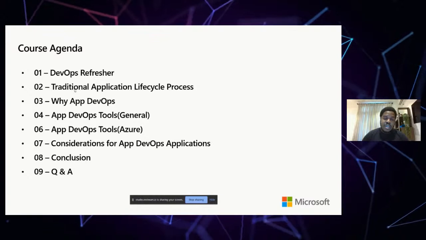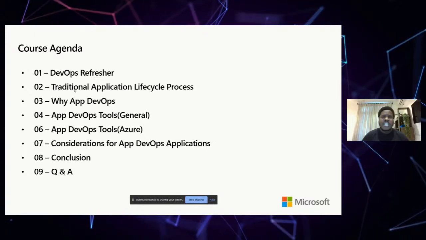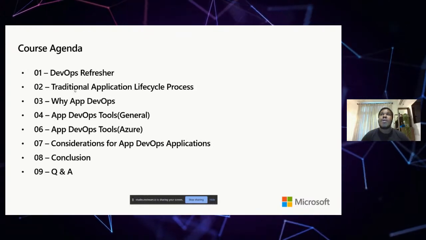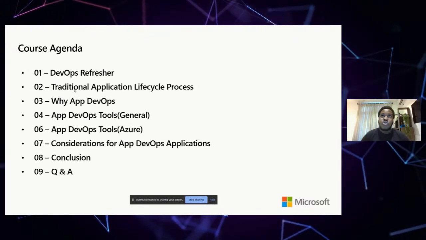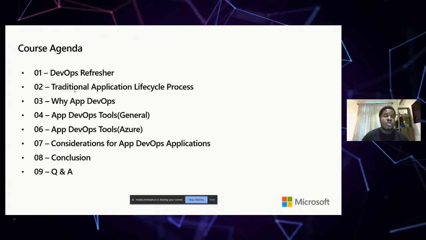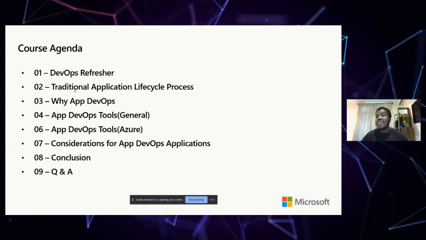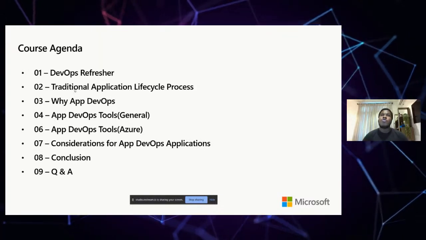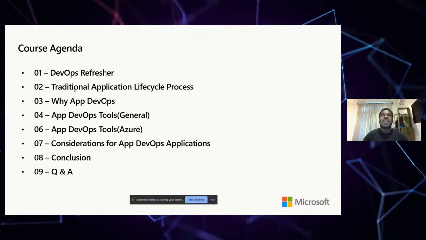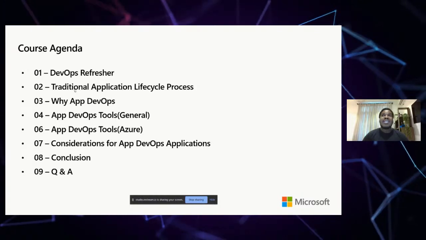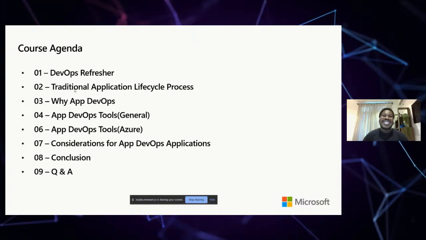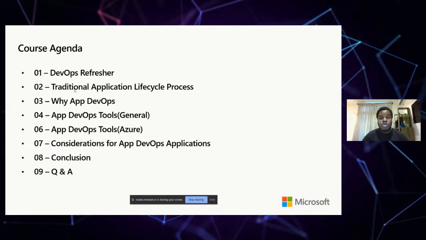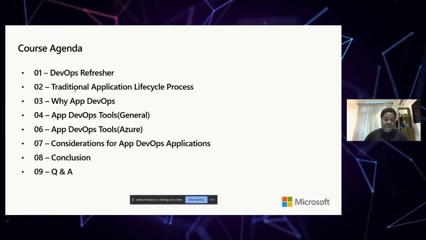And the final thing we'll be taking a look at will be certain considerations that we need to look at before we say, oh, we are making a commit to our source control service, whether it is GitHub, GitLab, whatever the case may be, right? There are certain things we should always look at with regards to our application development process, and certain things that will make that application or that piece of code or feature a lot easier to run through the pipeline. Right. So let's jump right in.